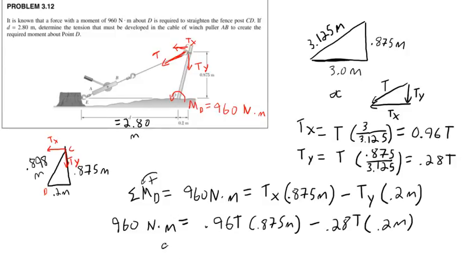I get 960 Newton meters equals 0.784 meters T. And then T, simply by dividing, is equal to 1,224 newtons. Just like so.